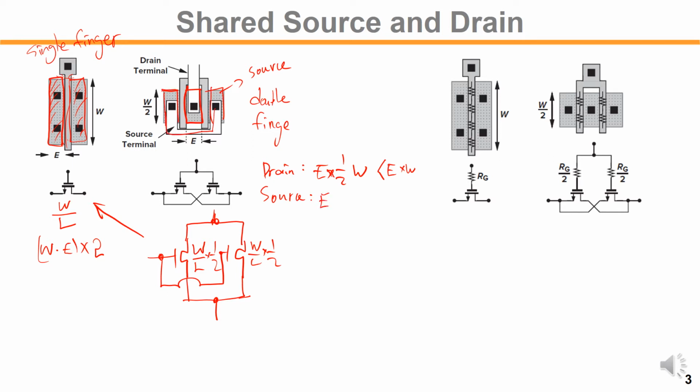So E times half W times 2, we have 2 of them. So that is approximately similar, E times W. So if you split the drain, you can reduce the diffusion capacitance on the drain. So we prefer to place this reduced diffusion area on the signal output side, that is on the drain.